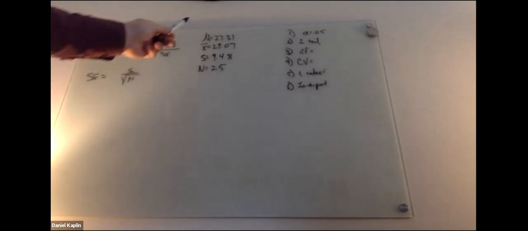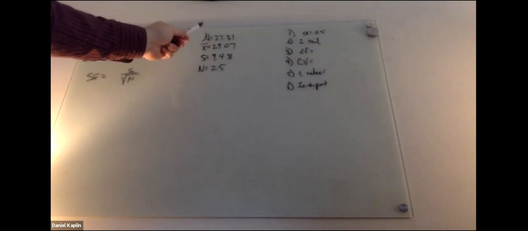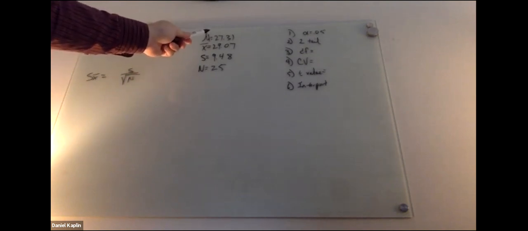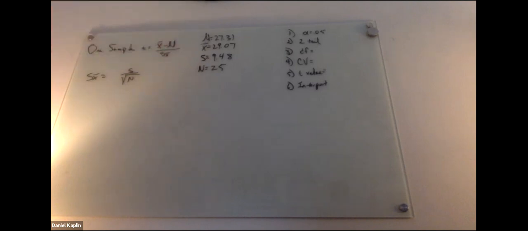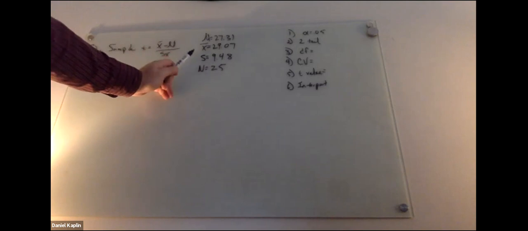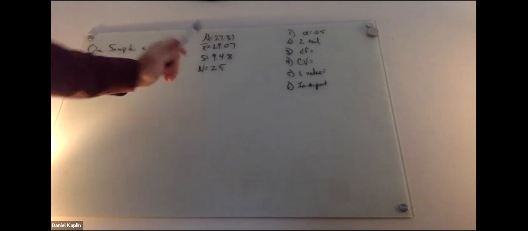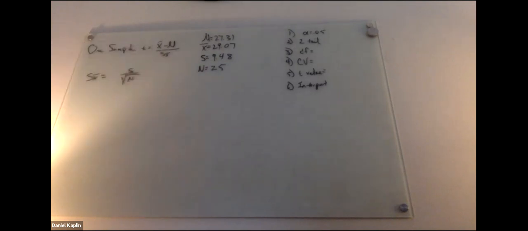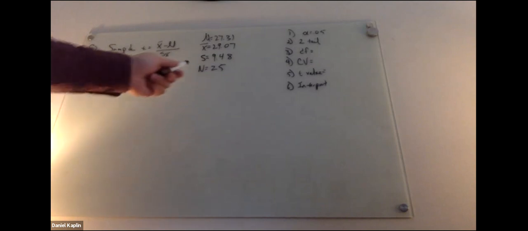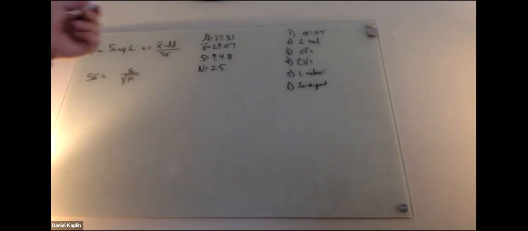Our population mean was 27.31. Our sample mean was 29.07. Our sample standard deviation was 9.48. And our sample size, which I realized was not on the slide, but you need this. You need a sample size. So we're going to keep it as the 25 that we've been discussing through and through.